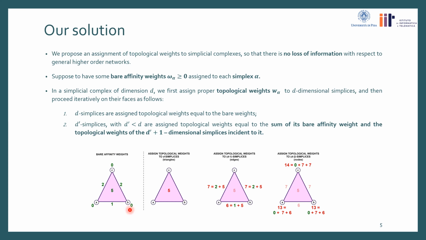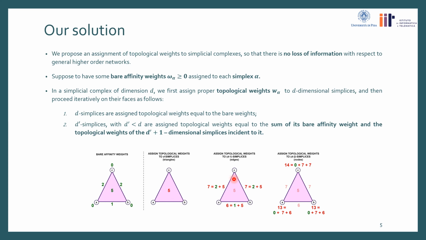How do we do the assignment? The topological weight assigned to the simplices of maximum order, so the two triangles, is equal to the bare affinity weight. Indeed, here the red indicates the topological weights, and is equal to the bare affinity weight.